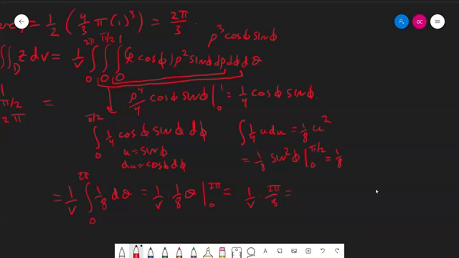V was 2 pi over 3, so 1 over v is 3 over 2 pi. And the 2 pi's end up canceling, and you get that z bar is 3/8. And so in the end, we found that the centroid is the point 0, 0, 3/8.